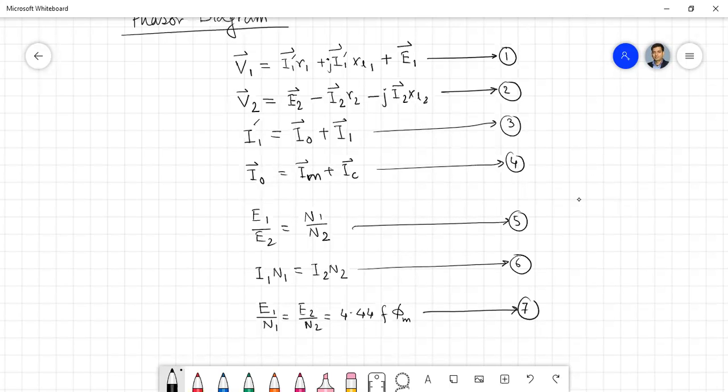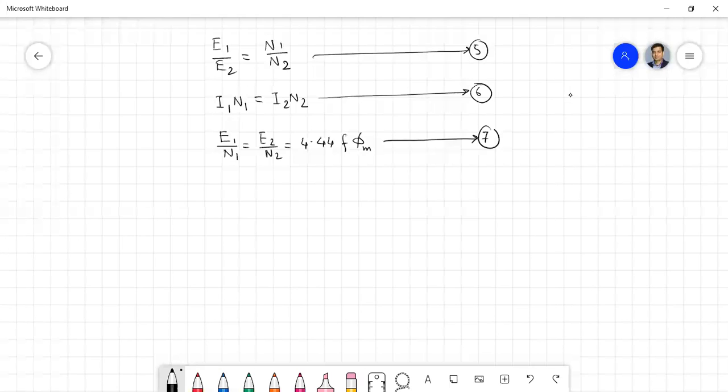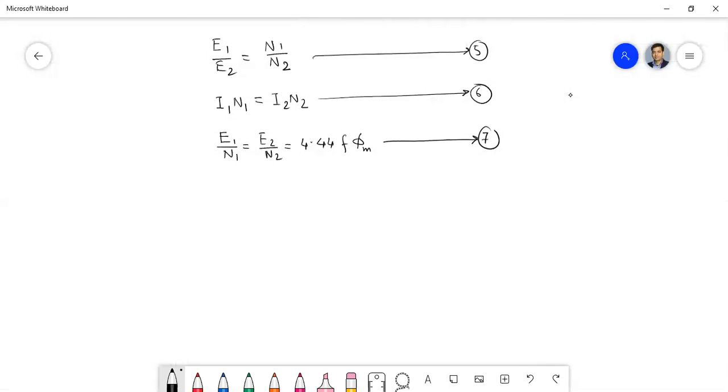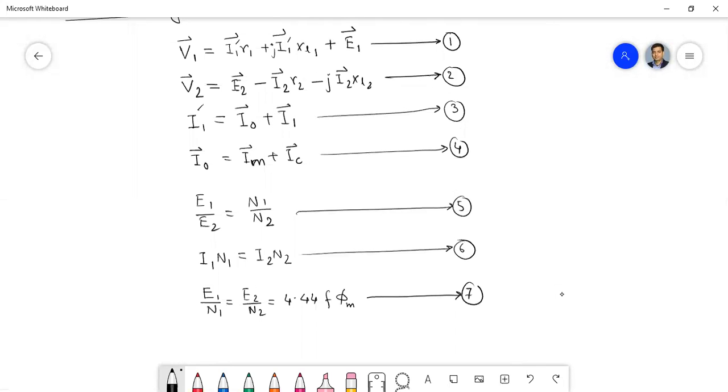Okay. So I think you have understood all these equations. No more explanation is required. Now we can proceed to the phasor diagram. Now we'll take first equation number 2.